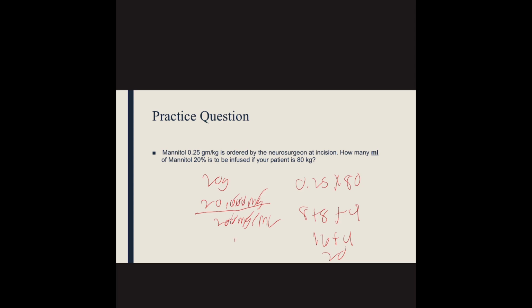That should be 10. I canceled out too many zeros, actually. I was supposed to only cancel out 2 zeros, and I canceled out 3. So if we don't cancel out this 0 right here, how many times does 2 go into 200? That would be 100. So that's how many milliliters we would need.